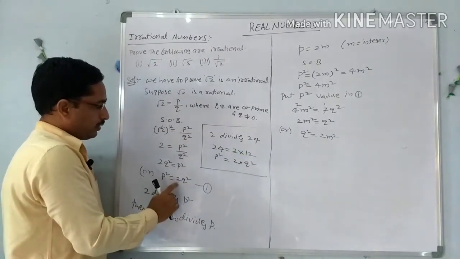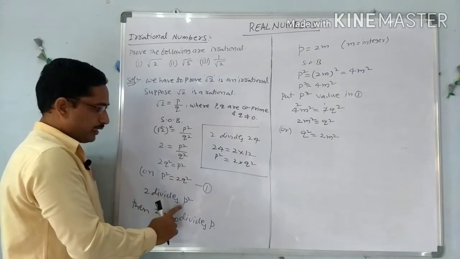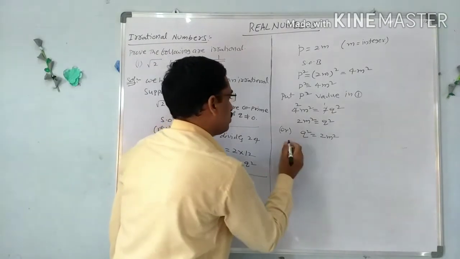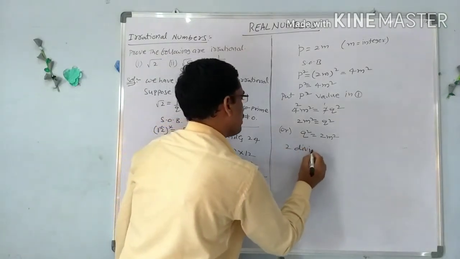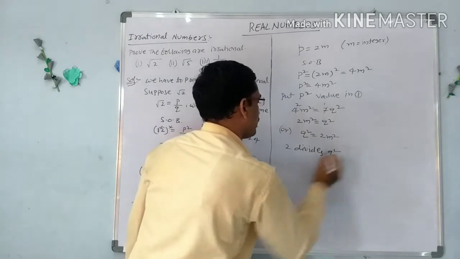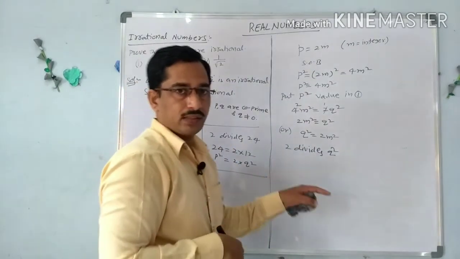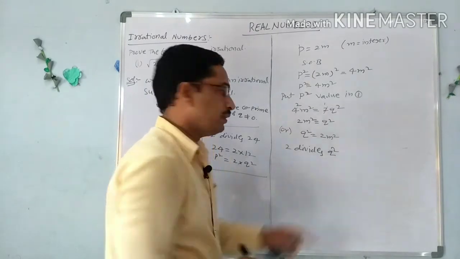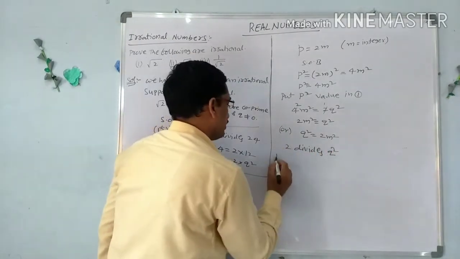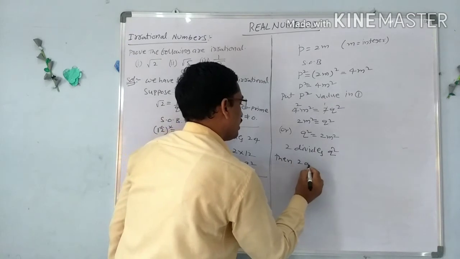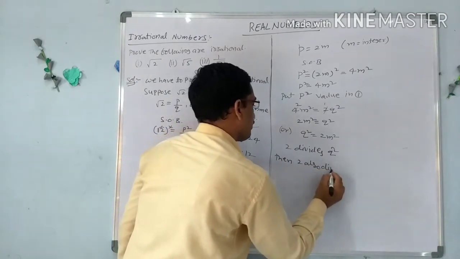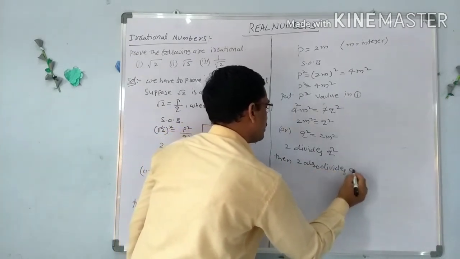If p square equals 2q square, then 2 divides p square, and here also 2 divides q square. Same again by the theorem: if p divides a square, then p also divides a. 2 divides q square, then 2 also divides q.